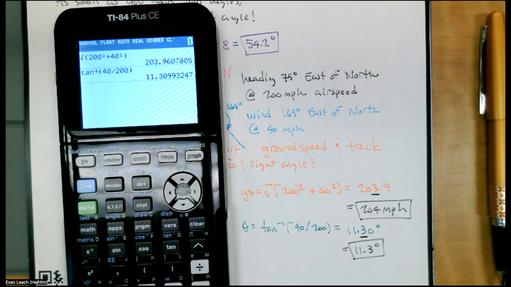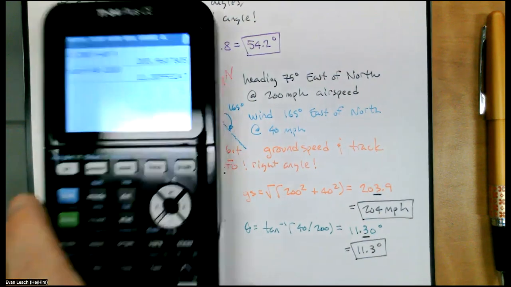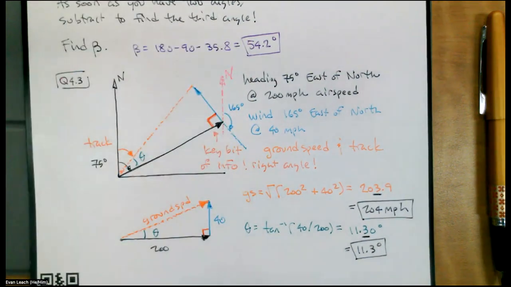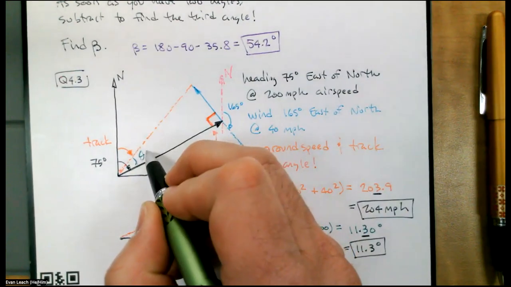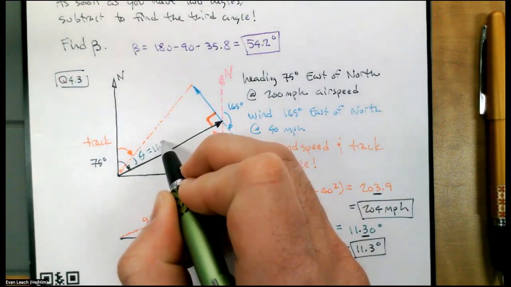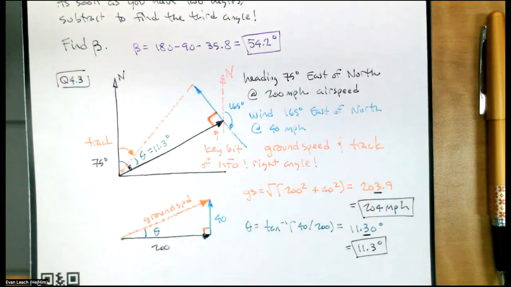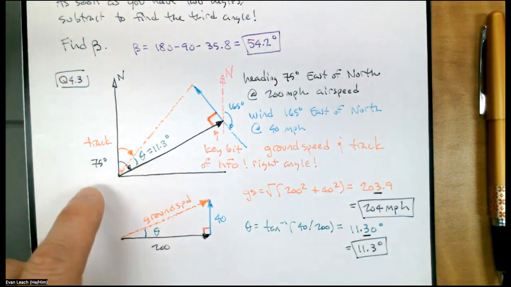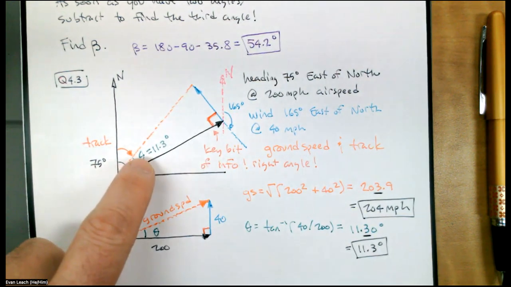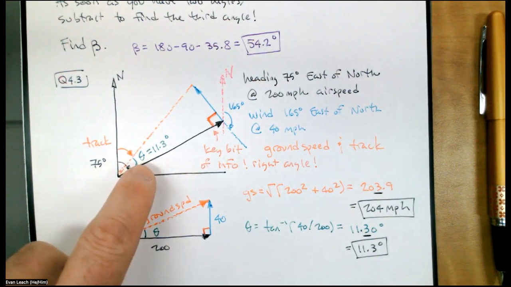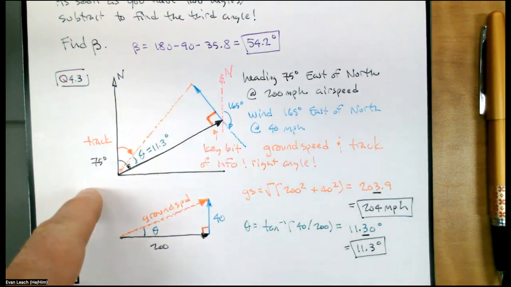But 11.3 is not the angle that we're looking for. 11.3 is this tiny little angle theta. This theta is 11.3. What we're looking for is the angle that's labeled track. We're looking for the angle not 11.3, but 11.3 degrees less than the 75.